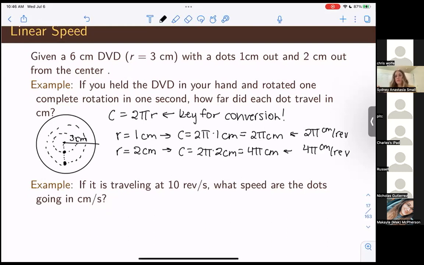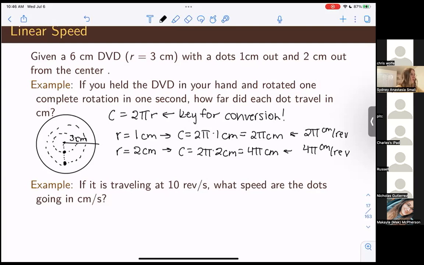It makes sense that this one's traveling faster, right? It's a little bit further out, so it has more distance to travel to go all the way around the CD than the 1 centimeter dot. Because if you draw a dot super close, it doesn't have to go very far, whereas a point on the outside of the CD would have to travel all the way around, which is a lot bigger of a circumference.